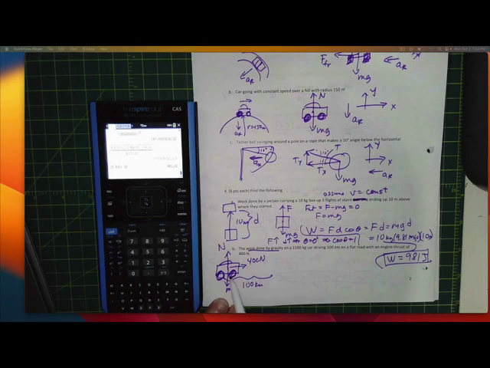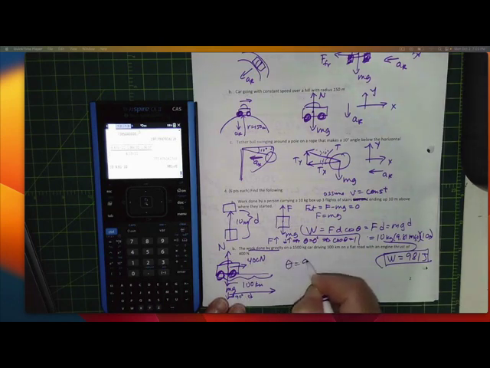Okay, kind of a trick question, I guess, because d is here, 100 kilometers horizontally. mg is straight up and down. So the angle between these two is 90 degrees, so theta is 90 degrees.